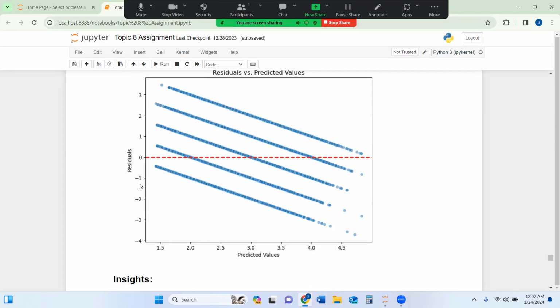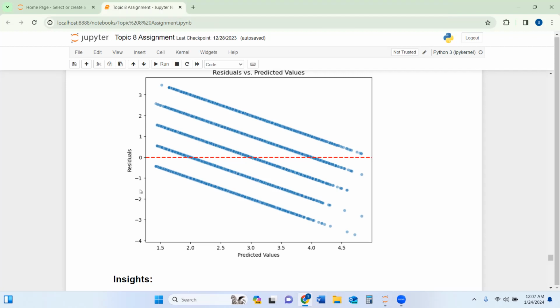What I have here is a scatter plot for homoscedasticity of residuals versus predicted values, which shows that there's no noticeable pattern and the spread of residuals appears relatively constant across different levels of predicted values.